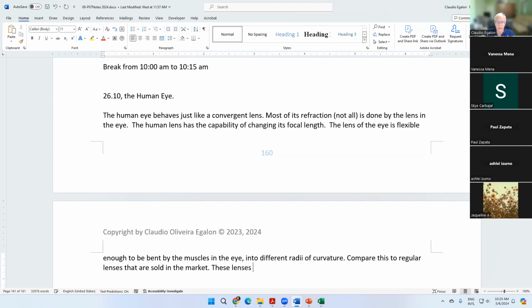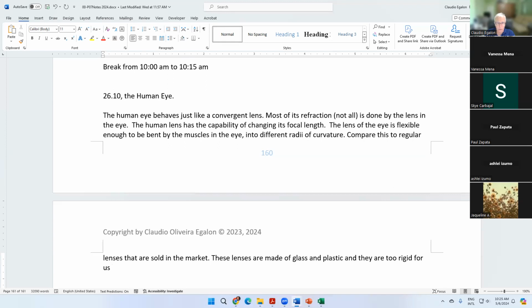These lenses are made of glass and plastic, and they are too rigid for us to change their radii of curvature. Unlike the human eye.